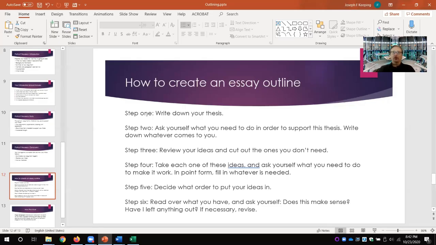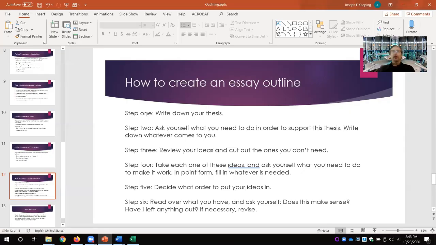You can add stuff, you can cut things out, you can rearrange, you can rephrase, and so on. Once you've done this, you're going to have a page or a couple of pages filled in with thoughts in point form, and you're going to have them in the order that you want to say them in your essay.